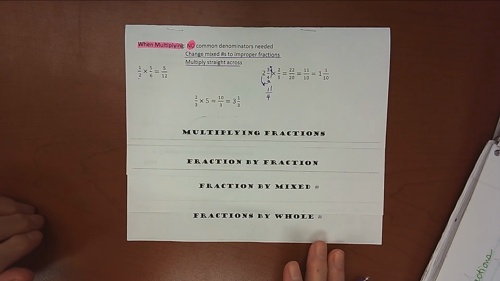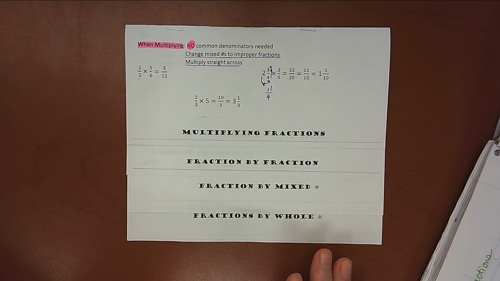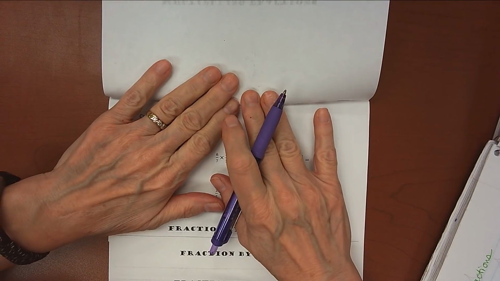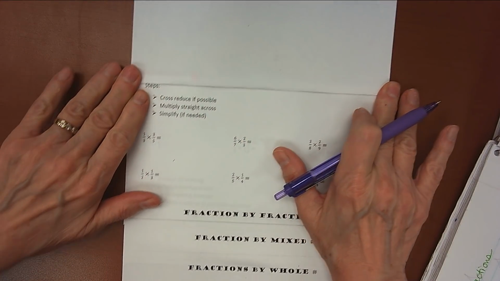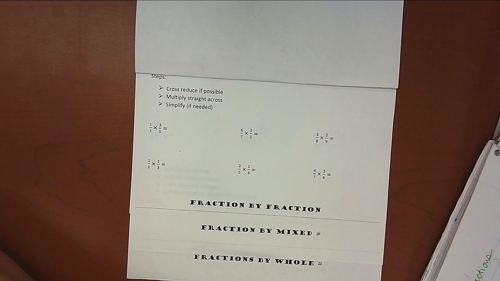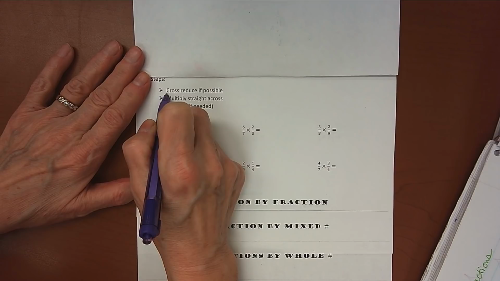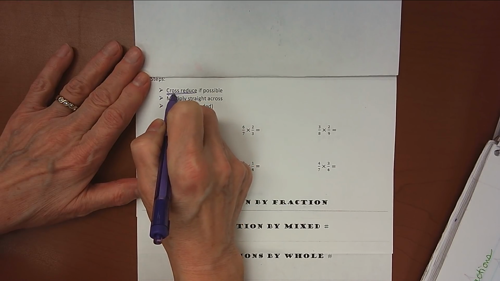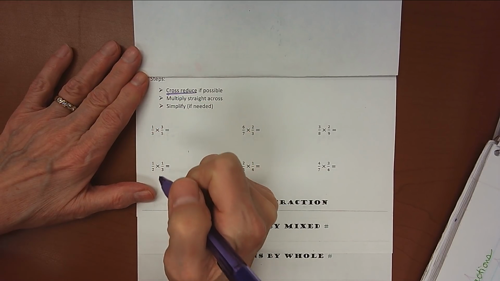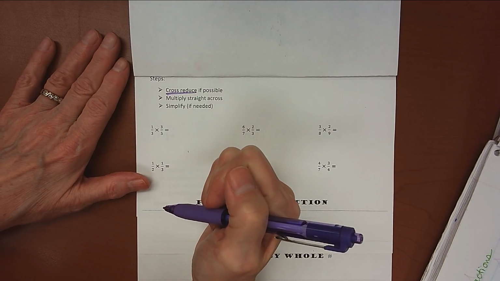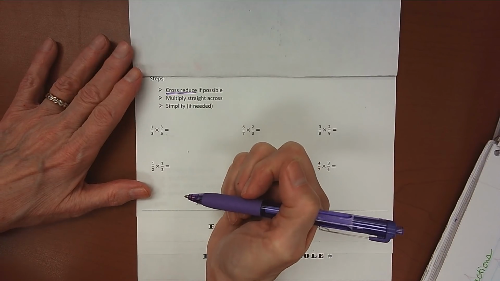So let's go ahead and start with multiplying fraction by fraction. So you can just flip your paper up here, kind of fold it, and we're going to look at our notes here. So we'll talk about what this means, but the very first thing we're going to do is cross-reduce if possible. And if you cross-reduce, you will not have to do any reducing at the end, except maybe to change from an improper fraction back to a mixed number.